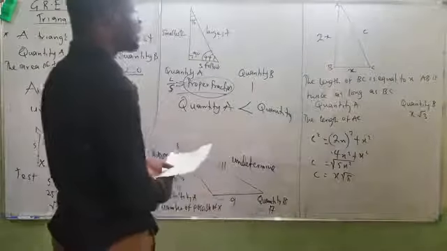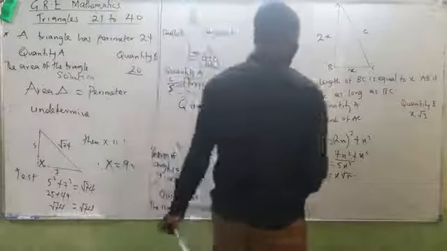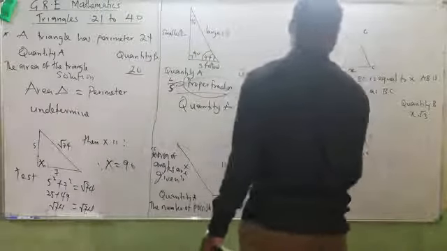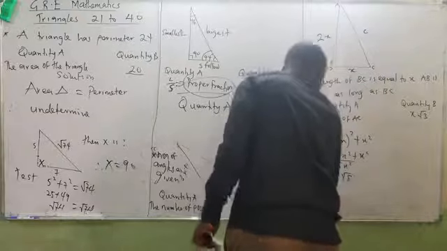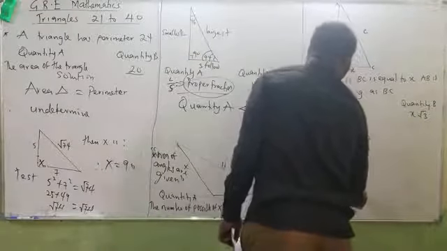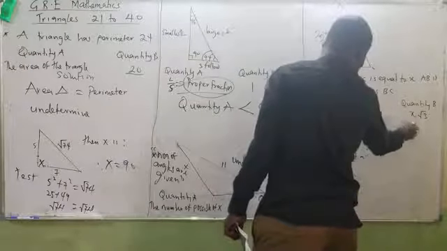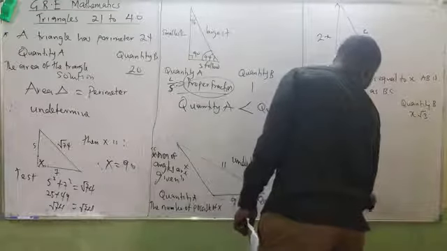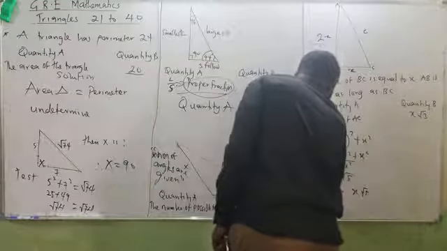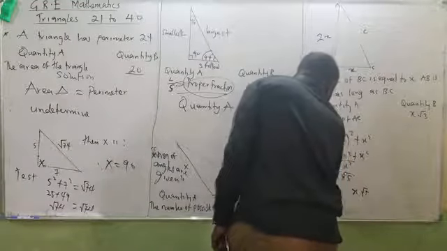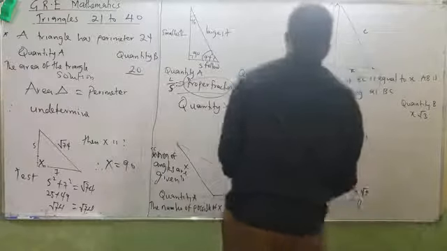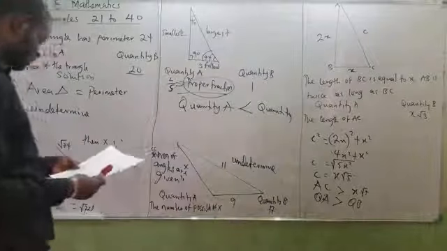Now, the length of AC will be greater than x root of 5. It means quantity A is greater than quantity B. That is the relation. Take note of that very well.